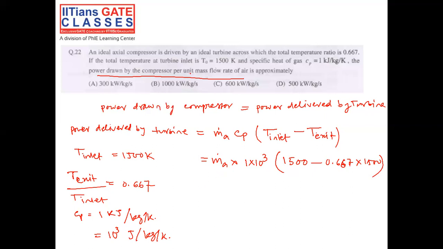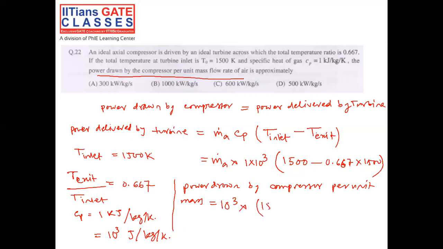And as we have to find out per unit mass, so power drawn by compressor per unit mass will be this quantity divided by m dot. So m dot will get cancelled and it will remain as 10 cube times 1500 minus 1500 multiplied by 0.667.